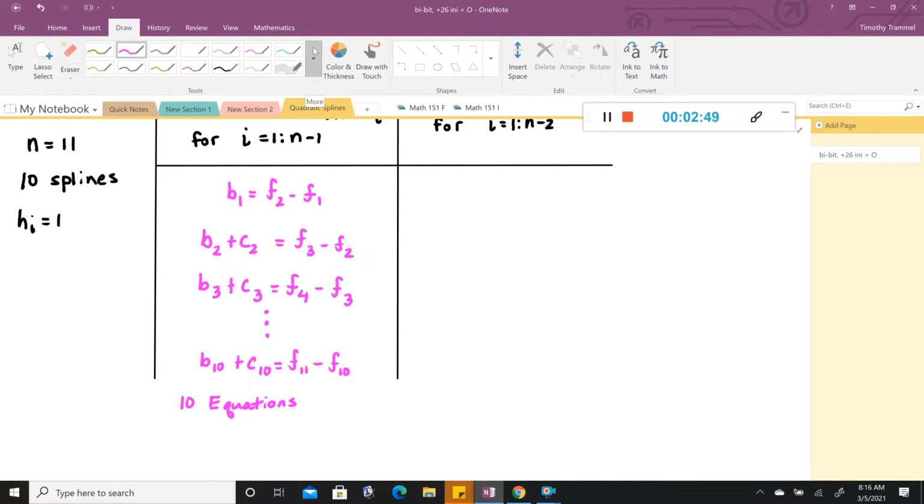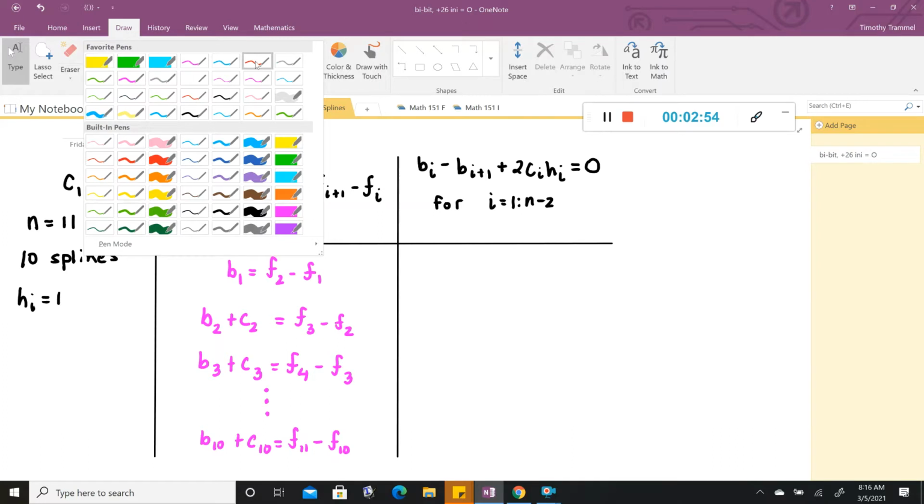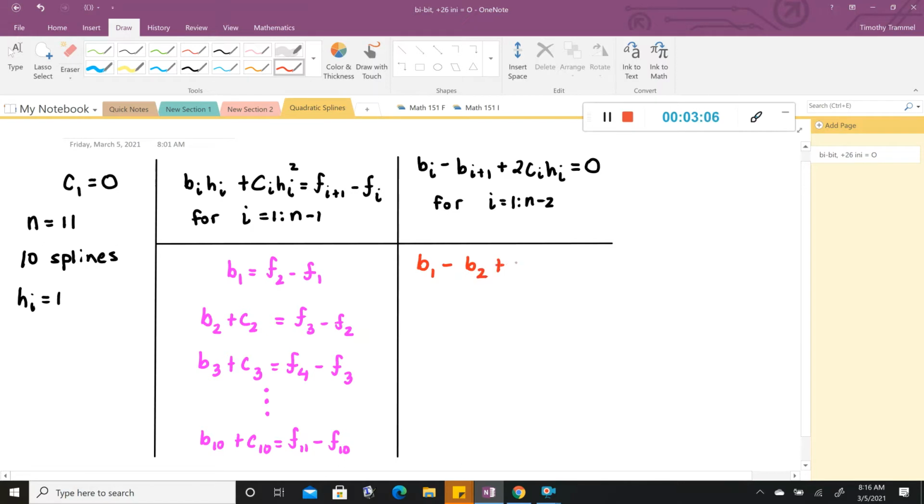And let's start the next set of equations. All right, so we'll plug in 1. So we'll have B1 minus B2 plus 2C1. Remember, C1 is 0. So it's just B1 minus B2 is equal to 0. And then our next one will be B2 minus B3 plus 2C2.